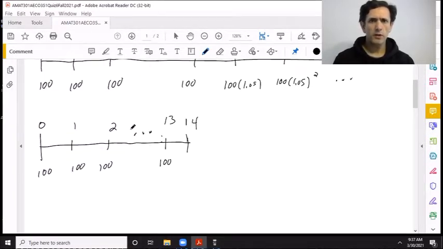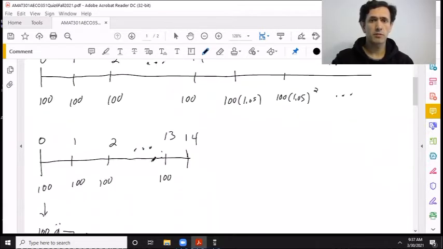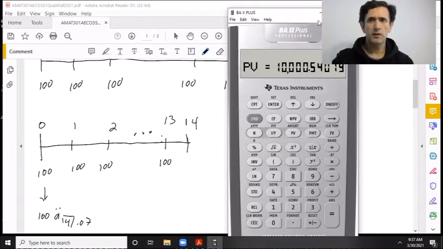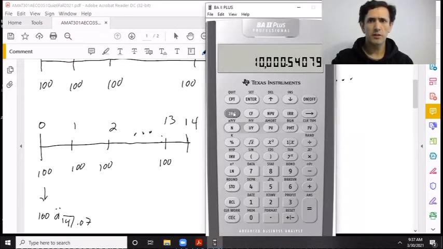Okay, so if I do it this way, the present value here is 100 a double dot 14. This is a 14-year annuity due. Interest is 7%. All right, so let's just see what we get for this. Some calculator review: clear TVM.